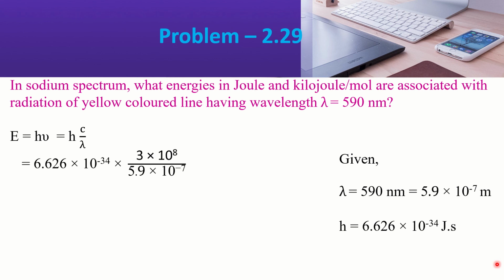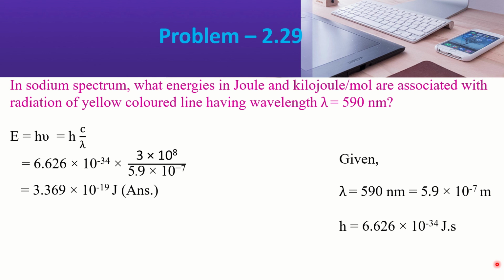By putting the values of h, c and lambda, we get E equal 3.369 into 10 to the power minus 19 joule. From there, you will get the energy in joule because it is the SI unit.